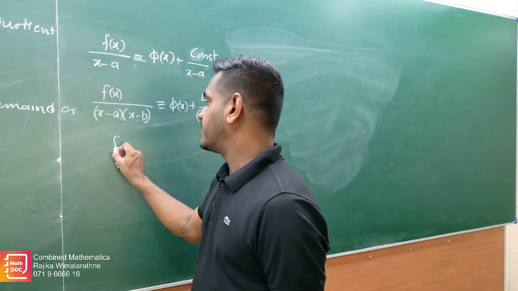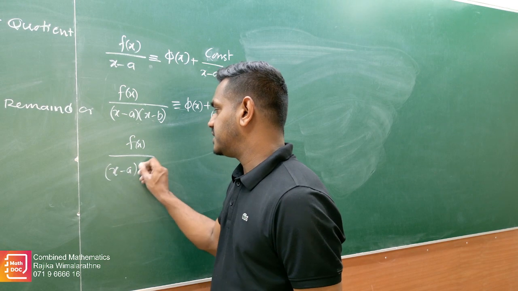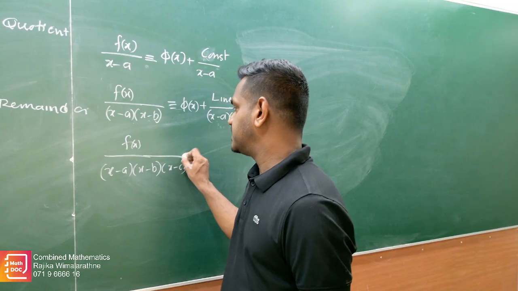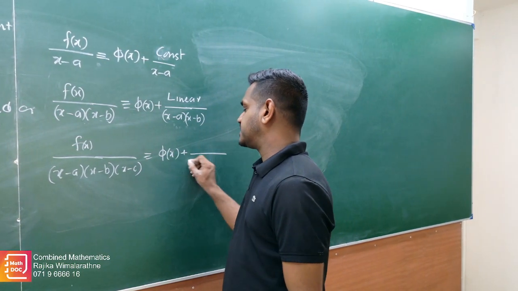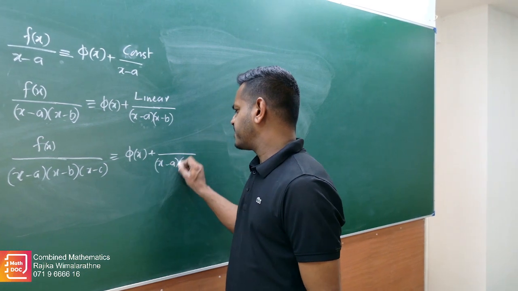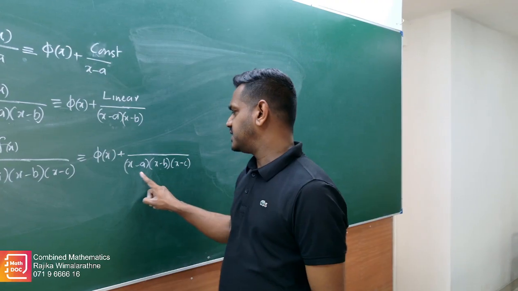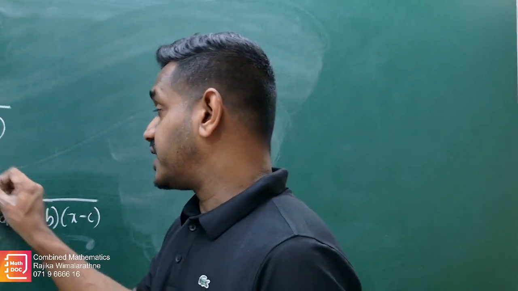Similarly, f(x) divided by (x minus a)(x minus b)(x minus c). Here this will be the quotient, the divisor is cubic, and the remainder will be quadratic.